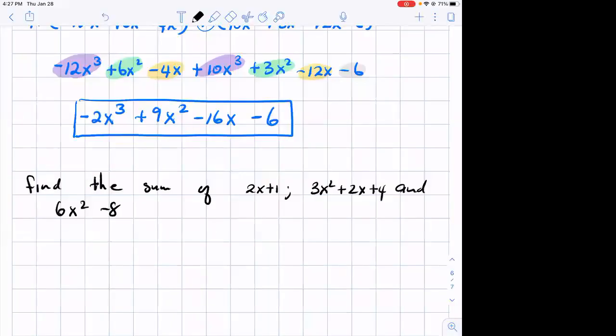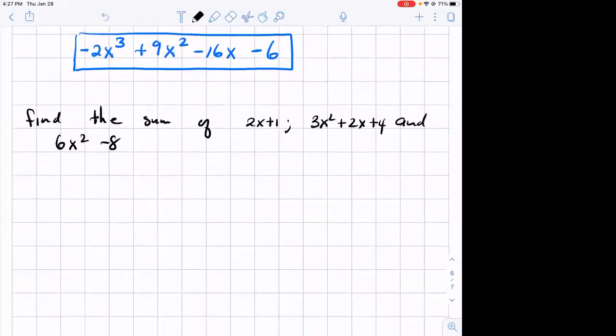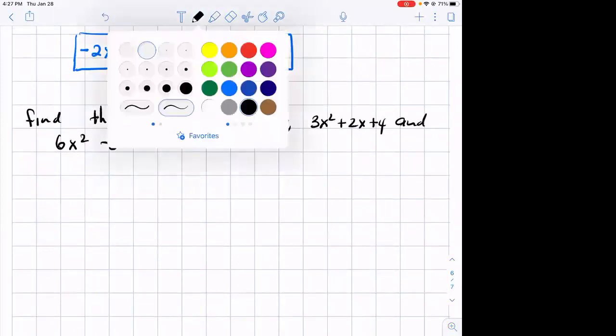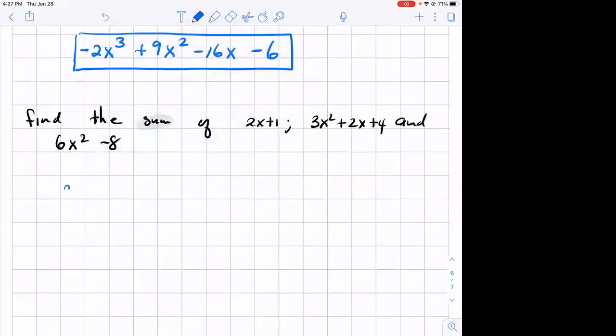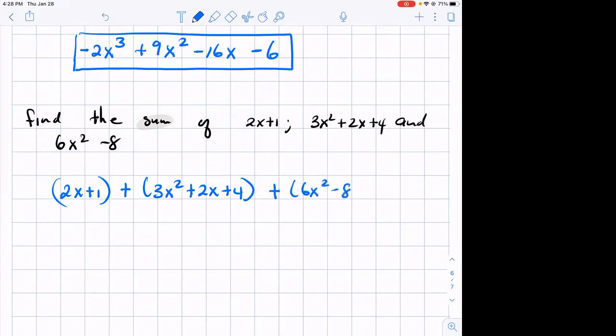Now, because we have three polynomials here and we're finding the sum of them, what we will do is just write them out. 2x plus 1 plus 3x squared plus 2x plus 4, which is another plus, 6x squared minus 8. So you could have many polynomials that you can sum up, okay?